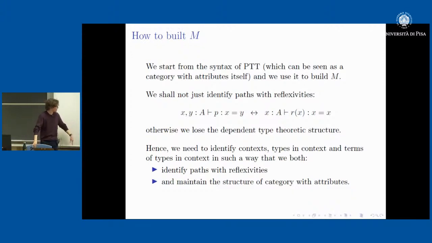So the idea is that you have to identify paths with reflexivities, but at the same time maintain the structure of the category with attributes. So you need to define a thing that is called canonical homotopy equivalences between contexts in such a way that these two properties, once you quotient, are satisfied. I will stop here. Thank you so much.